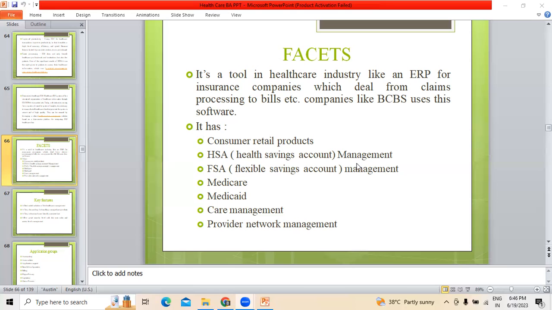So every year some budget will be allocated, and whatever environmental changes happen, because of any medical emergencies across the world, there will be some changes made by the government subsequently to protect the healthcare expenses of individuals.